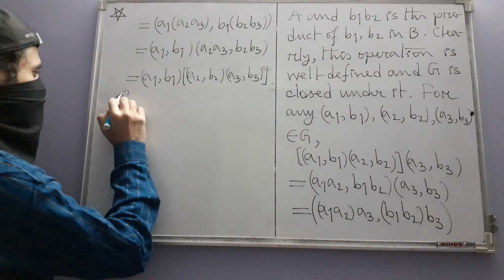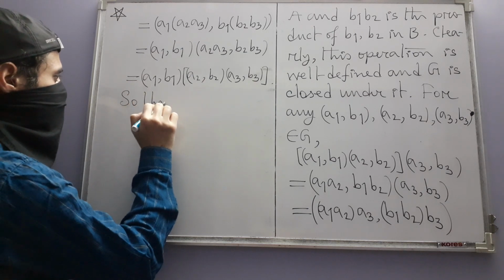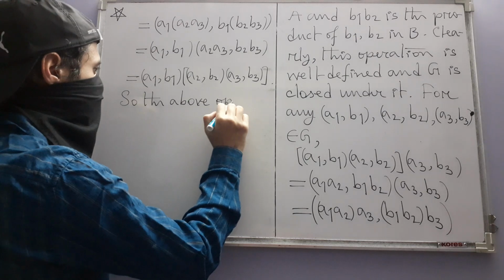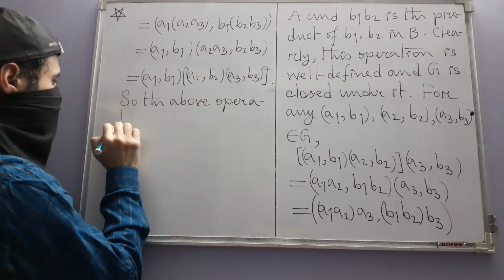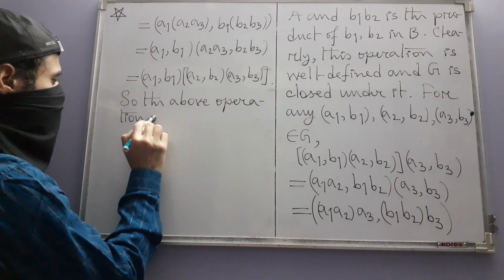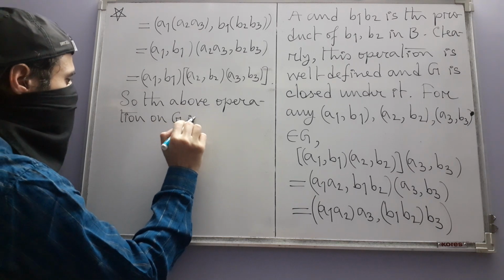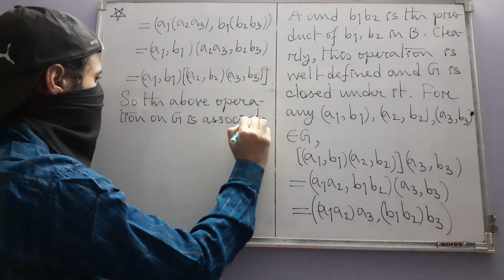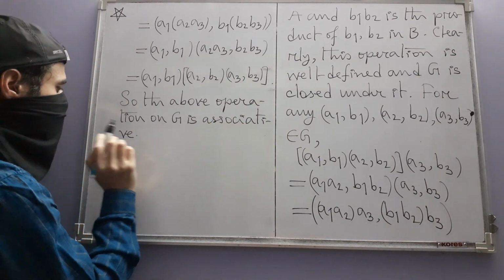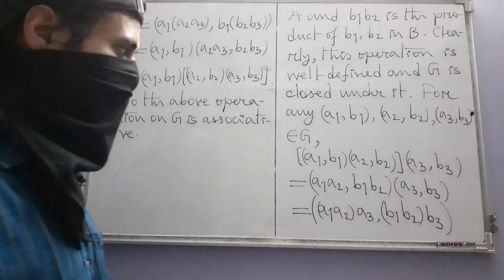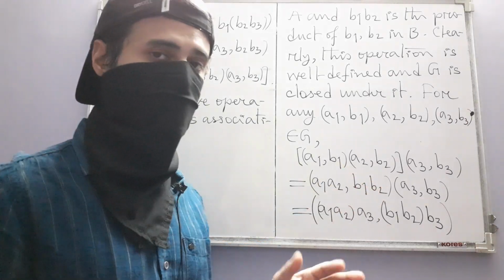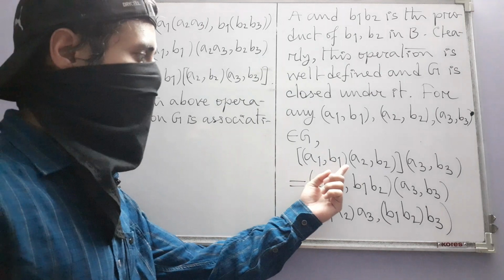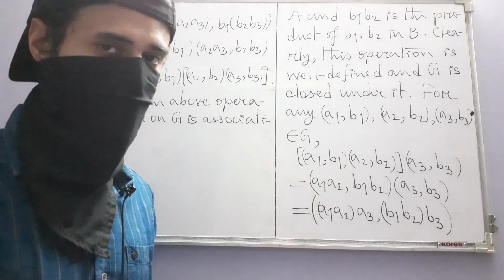So the above operation on G is associative. See, we do not use any symbol for a group operation in order to minimize writing effort.